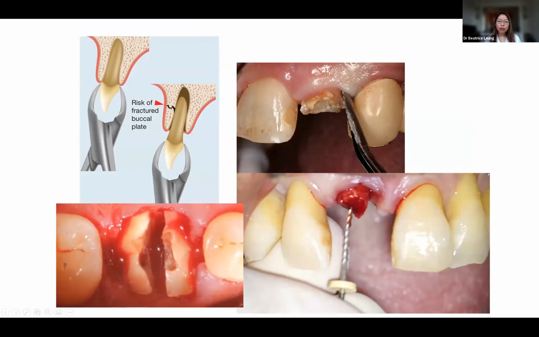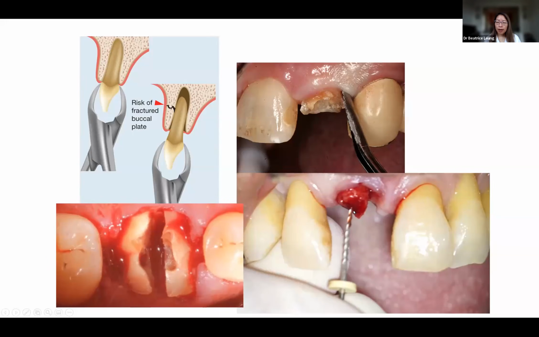You want to preserve the bone. You don't want to luxate the tooth and break your buccal bone. Remember, you want to preserve the buccal bone, right? So certain strategies that people have talked about is you luxate it mesial-distally, never buccal-lingually. You might want to section the root mesial-distally and luxate the root tip out, because you want to preserve the soft tissue and hard tissue contour.